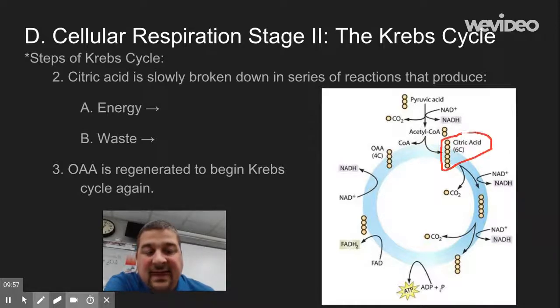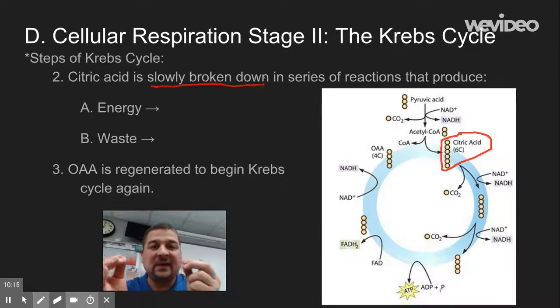The next steps, actually, your book just calls this step 2. We say it's slowly broken down. Because remember, if you break glucose all at once, or you break a bunch of bonds all at once, whoosh, you're going to get this rush of energy, and a lot of it is going to be lost. So it's broken down slowly in steps to try to capture as much of that energy as possible. That energy is going to be captured as, what do you see off to the side here?